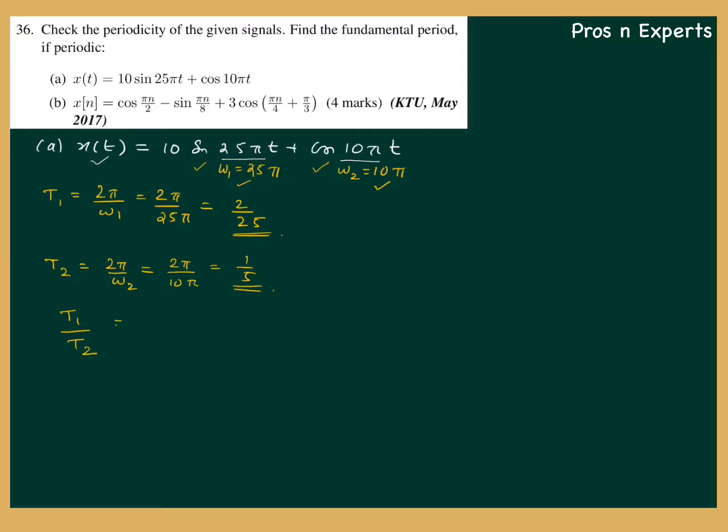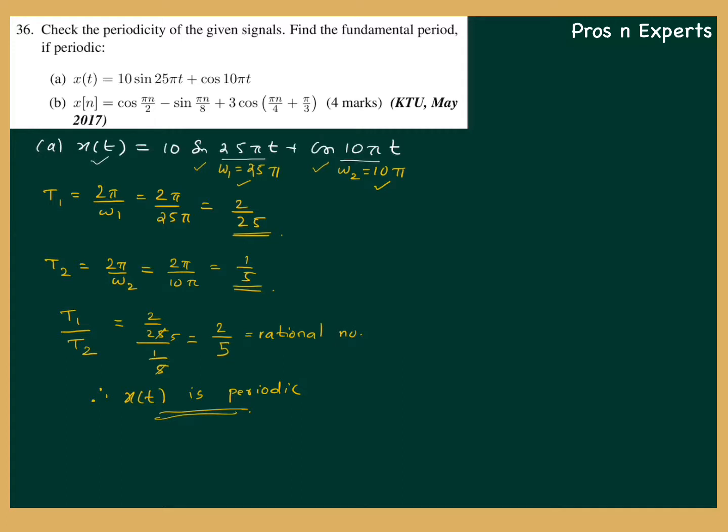So T1 by T2 is 2 by 25 divided by 1 by 5, which gives 2 by 5, a rational number. Therefore, x of t as a whole is periodic. So we have checked question A and arrived at the conclusion that x of t is periodic.